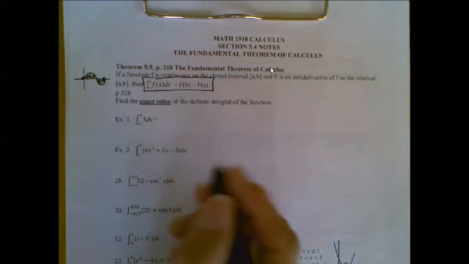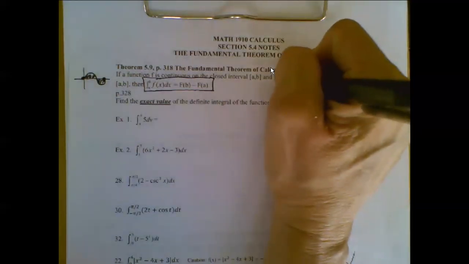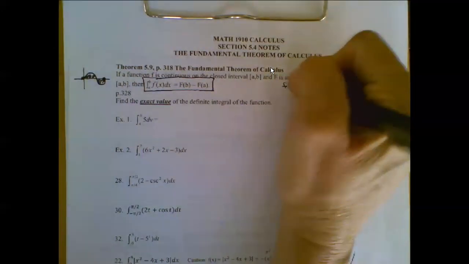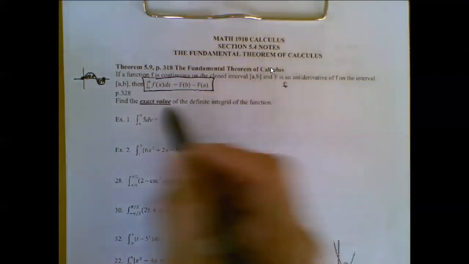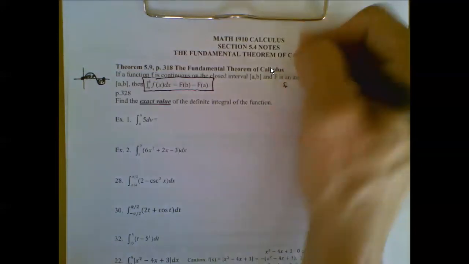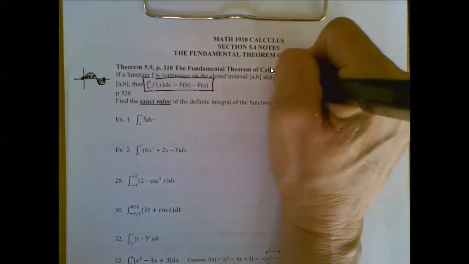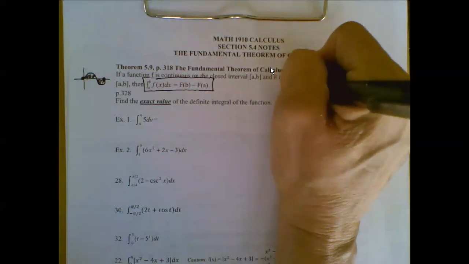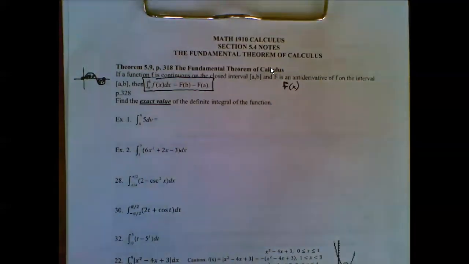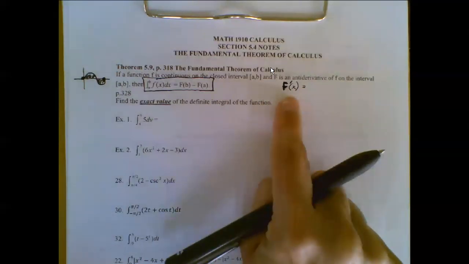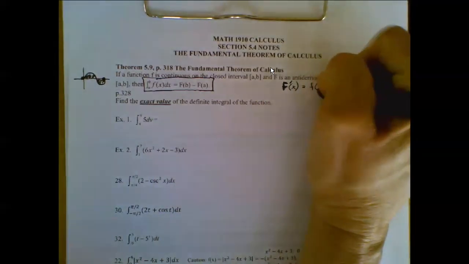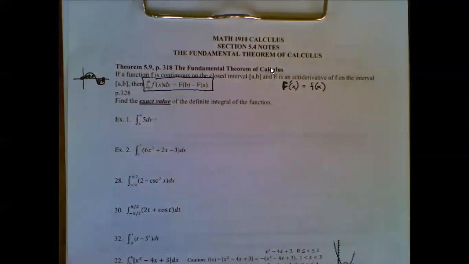Well, if you have a function f, and the capital F's and lowercase f's are confusing here, let's say we have a function capital F of x, and we take its derivative, and it gives us some little f of x.